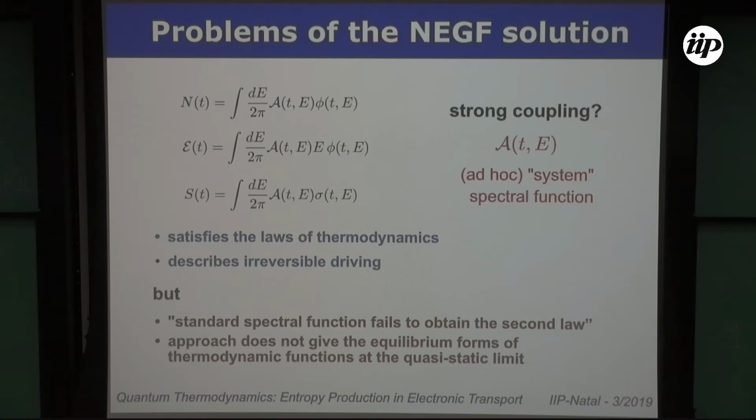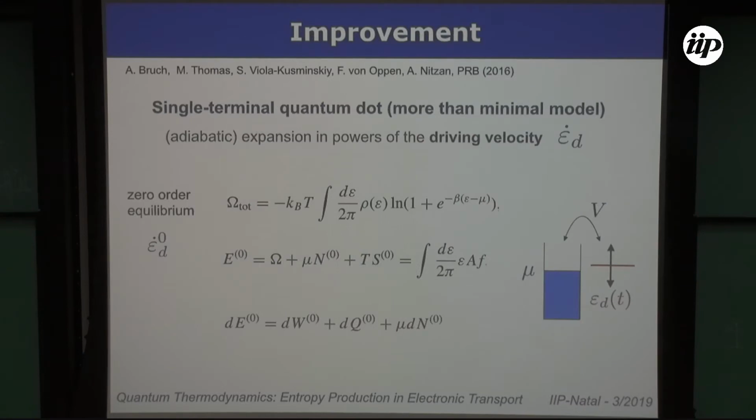So since we are Green's function people, we started to look at the Green's functions of this and try to fix this approach. And so I basically review a previous work where we reduce even further the complexity of the system by treating a single level coupled to a single reservoir.